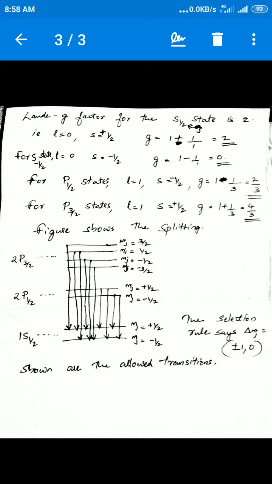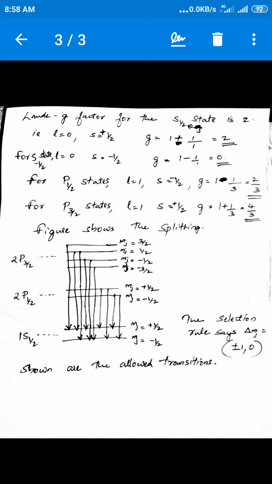Now we need to find the Lande factor for different states. So if you have the S half state, meaning J is half, total value l plus half, that is what is written there, S half. S half state means l is equal to 0, isn't it?